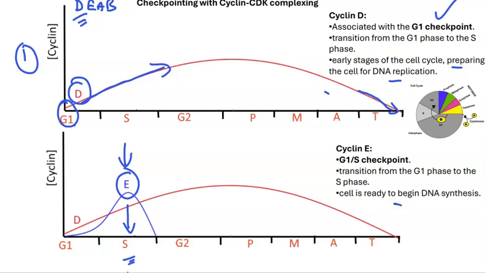And of course we know that this is DNA synthesis, DNA replication, and so we know that the increasing concentration of cyclin E in conjunction with the D increase brings about the G1/S checkpoint of DNA replication. So that's this part of the interphase. So E is associated with S phase DNA replication.